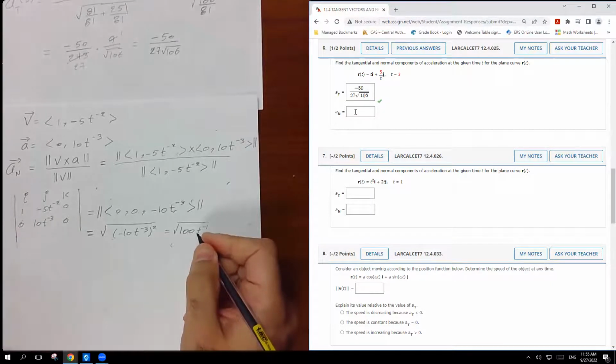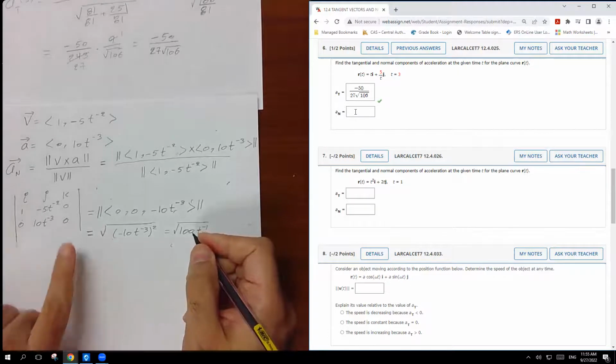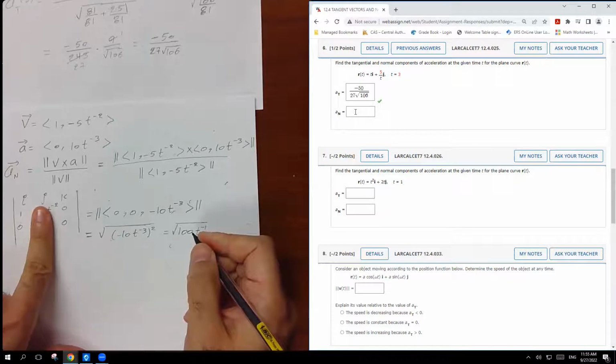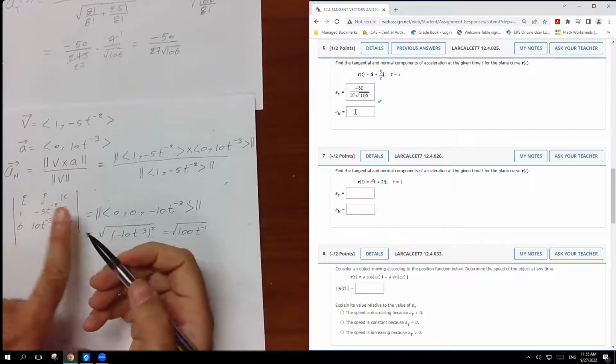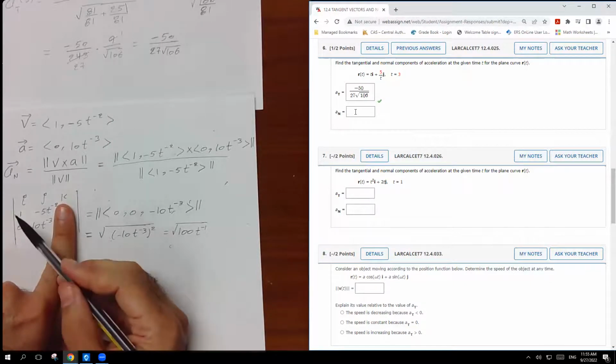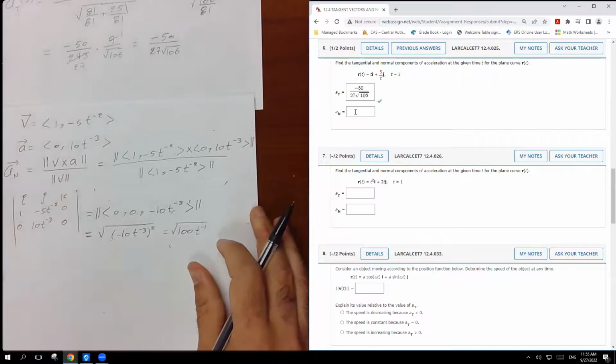If you want to plug in right away here, T cubed. Careful, because with this one, it's supposed to be negative sign here. With the K, okay, with the K is going to be 0 minus 10. Yeah, that's right.